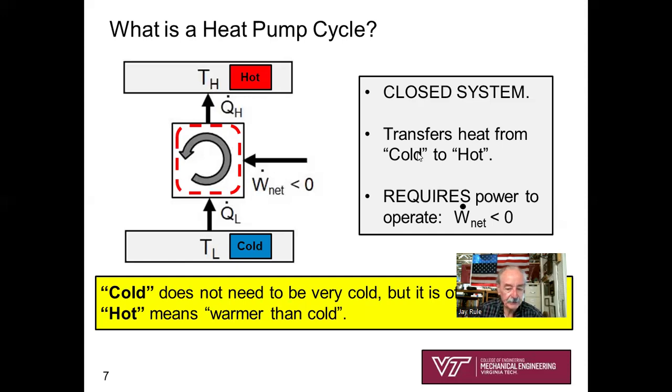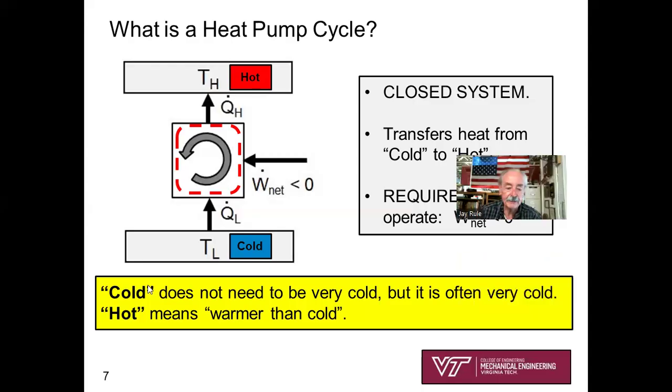But that would be a violation of the second law if that's all that it took. It requires power to satisfy the second law. It requires power to operate this heat pump. That's a big conclusion. Notice here my W dot out is negative, so W dot net is a number less than 0. Another note in yellow: cold doesn't need to be frigid.